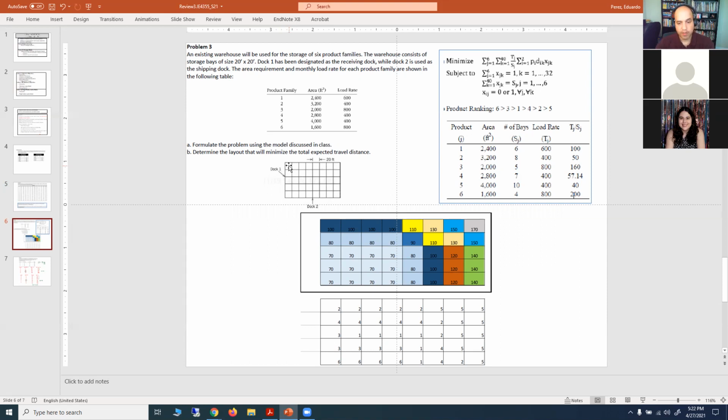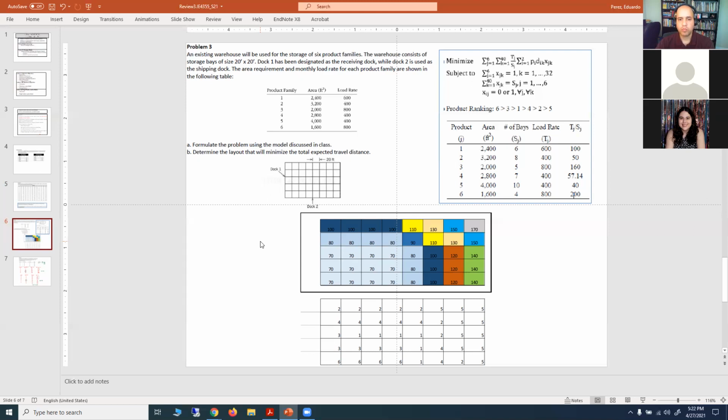And you do that process for each single cell of the facility. Obviously, I know this is time consuming. So if I ask you to solve something like this in the exam, it's going to be a small instance of a problem, or I can ask you to complete a problem that doesn't have all the information in it. So I'm aware of that.